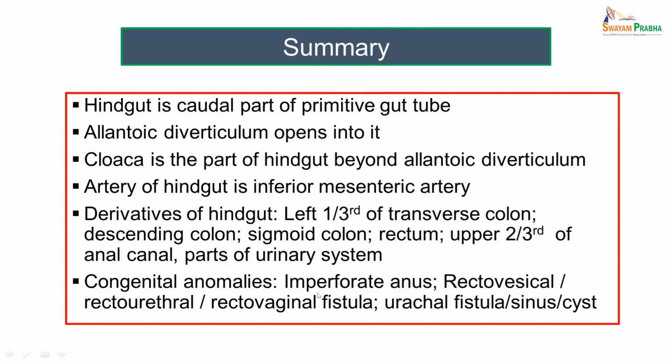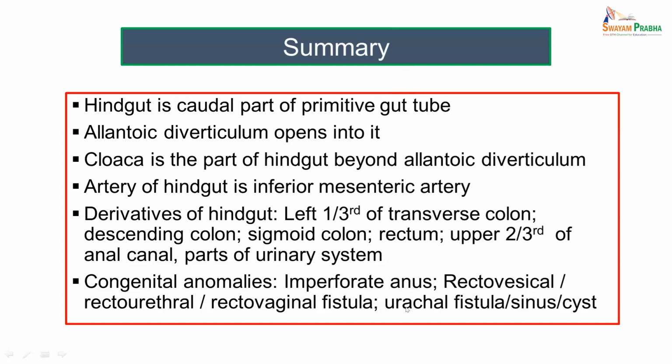The other congenital anomalies are rectovesical fistula, rectourethral fistula, rectovaginal fistula, where the rectum communicates with the urinary bladder, urethra or vagina in females. And this occurs when the urorectal septum fails to partition the hindgut and cloaca completely.